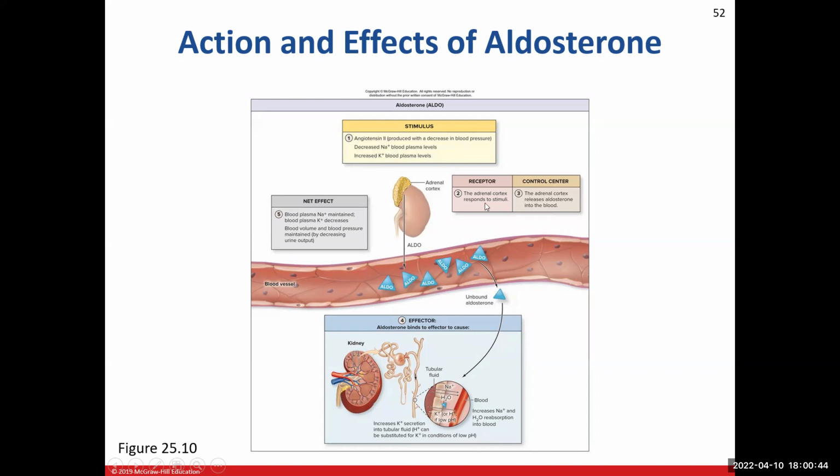So of course, the adrenal cortex is going to release aldosterone into circulation, and then it will affect the kidney to secrete more potassium into the urine, but it will decrease the amount of sodium that is going to be in the urine, increasing the resorption of sodium and therefore water into our blood.